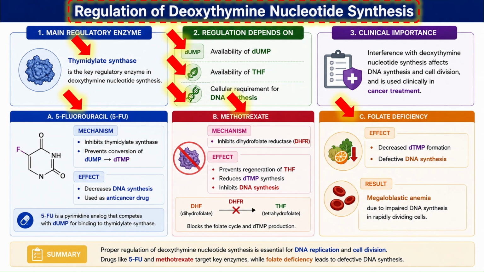It also decreases the deoxythymidine monophosphate synthesis, that is the dTMP synthesis, the first step, and it can lead to megaloblastic anemia. So basically, the thymidylate synthase is the major enzyme that is needed here. Along with that, the DHFR can also help in the regulation. There are two drugs, 5-fluorouracil and methotrexate, which inhibit each of these enzymes. So this is the regulation of the deoxythymine nucleotide synthesis.